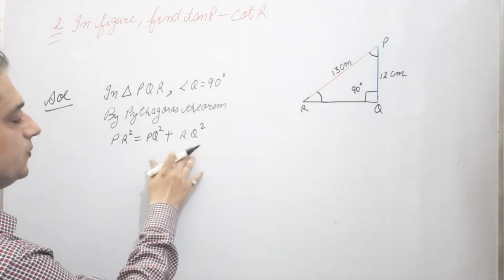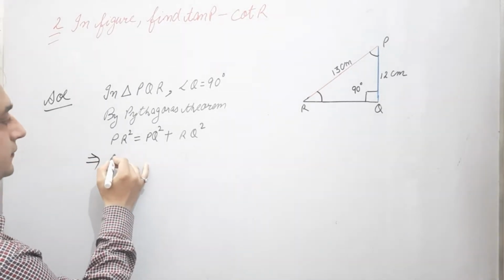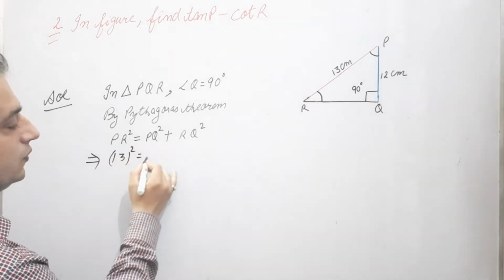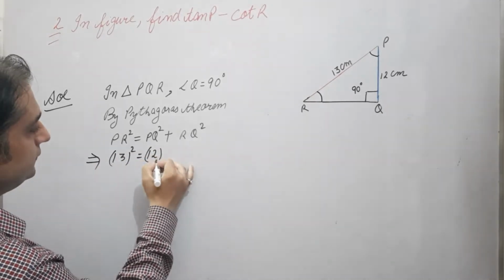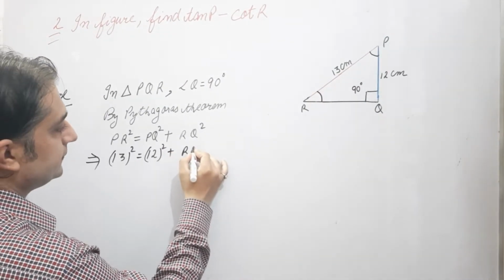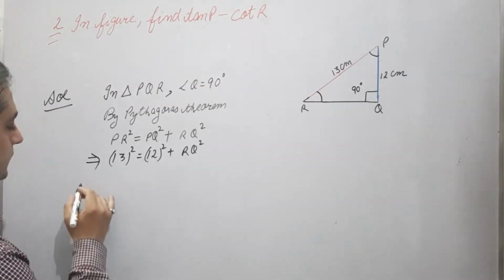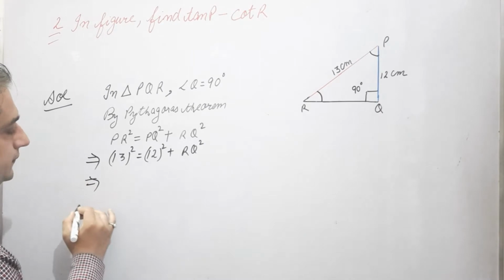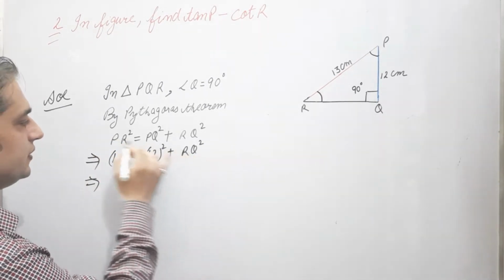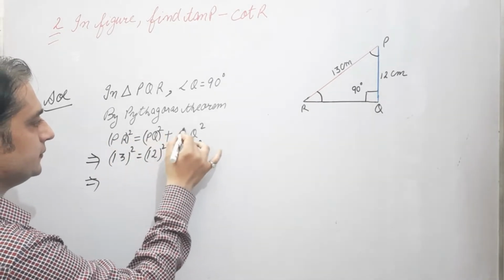It implies, PR is the given value, 13 square, equal to PQ, which is 12 centimeter, square, the length of the second side, and RQ we have to find first, right? So solve it. Here you can put it in brackets, because otherwise it looks like the square of only Q. So you can write it in an open bracket.